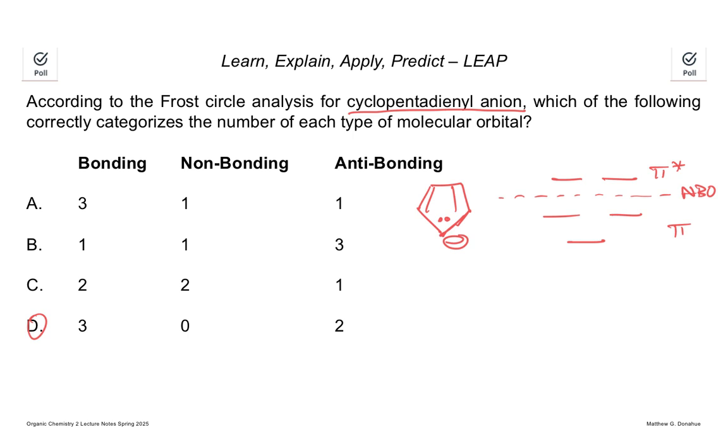So I'll just answer the next question on this slide while we're here. So we have 6 total electrons, 2 from the lone pair and then 4 from the pi bonds. So we're going to put those in the same way. Lowest energy, and then pair it.